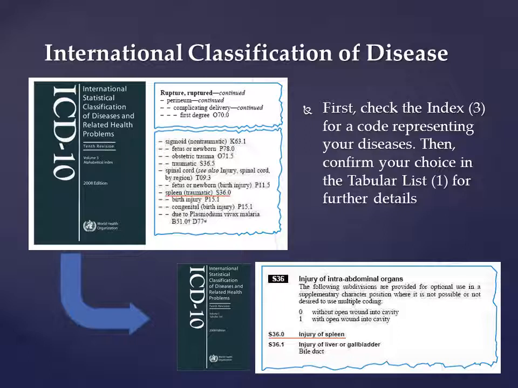Below it are listed the different parts of the body. So you will find the spleen, which is the S36.0 code. And to check for further details like the exclusion and inclusion notes, we counter-check it with volume 1.